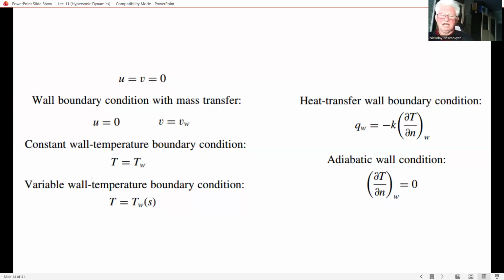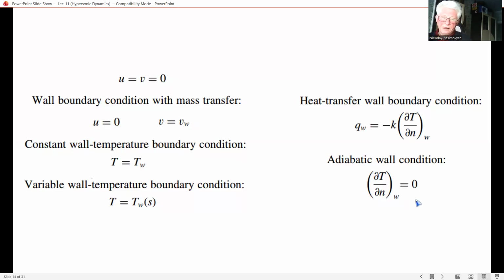A special case of this equation is the adiabatic wall condition, wherein by definition the heat transfer to the wall is zero. So from this heat transfer wall boundary condition, in this case the adiabatic wall condition, dT/dn equals zero.